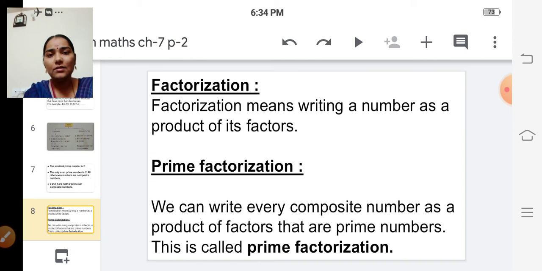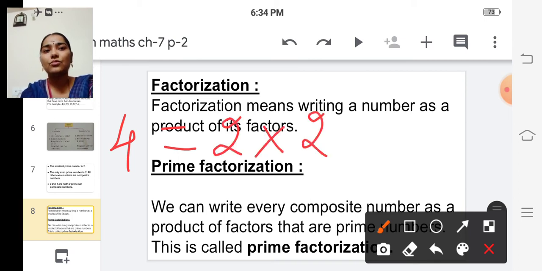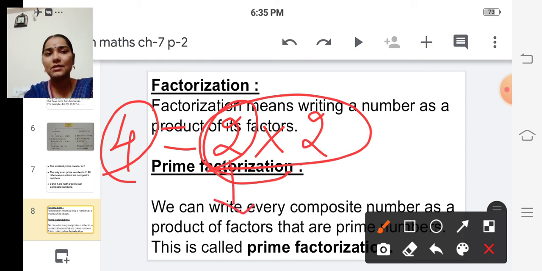So if we write 4 as 2 into 2, isn't it? 2 is a prime number. So 4 can be written as the product of its factors that are prime numbers. 2 is a prime number, isn't it?